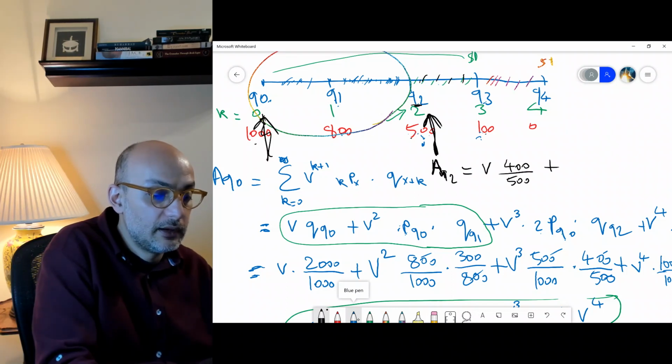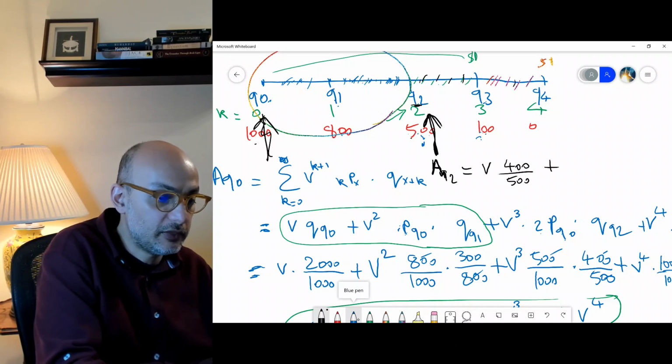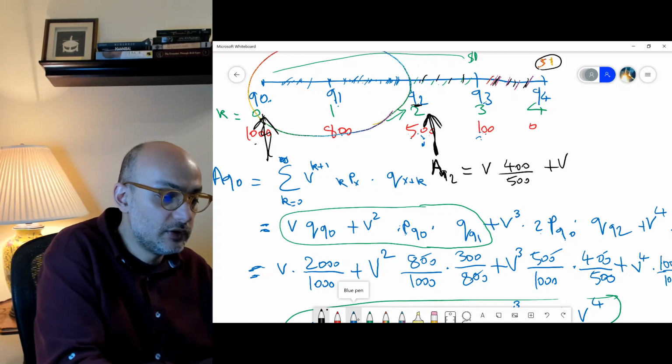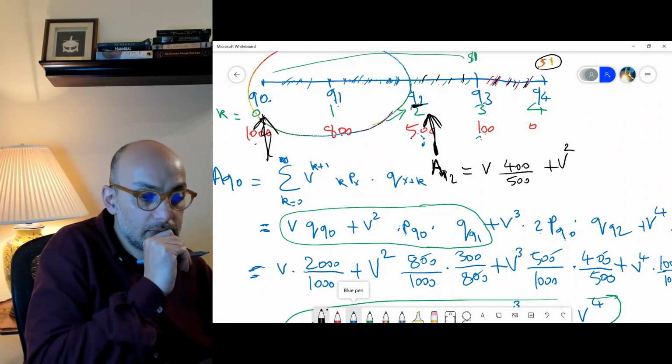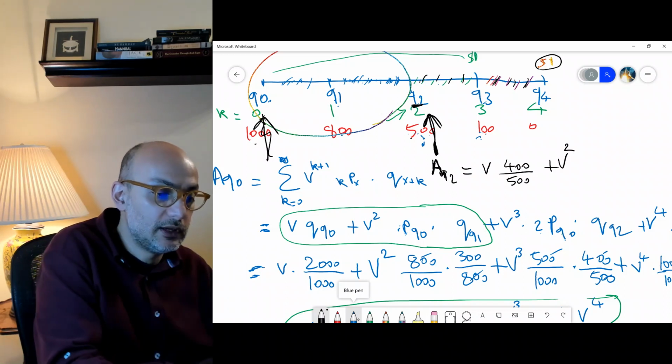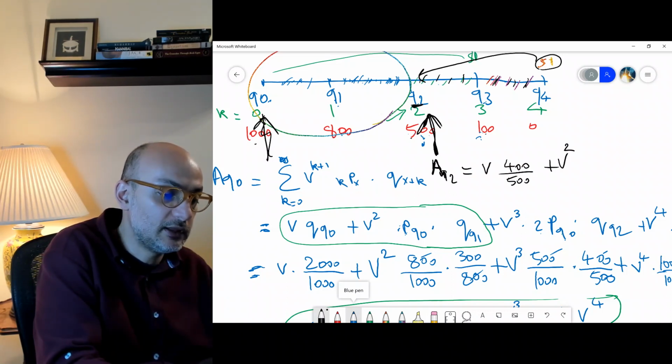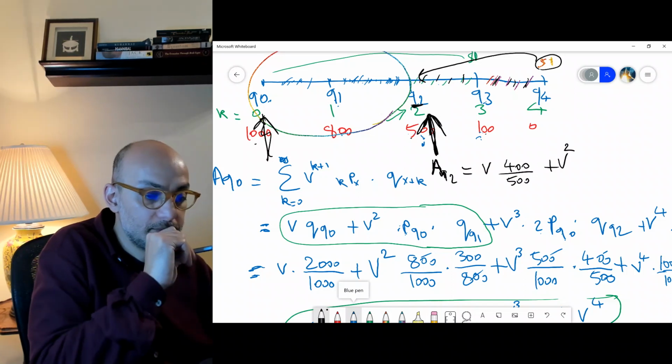Plus, now we survived to here. If death happens here, the dollar here will need to get back to this period here. It will be V², right? Because we're getting it back to here. Now we're evaluating at this point, right?